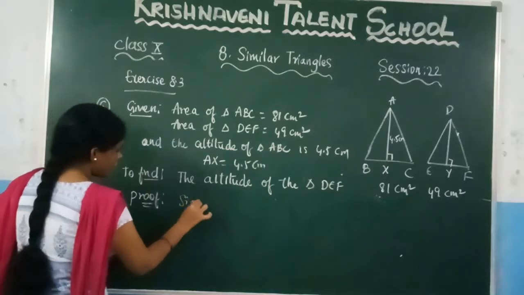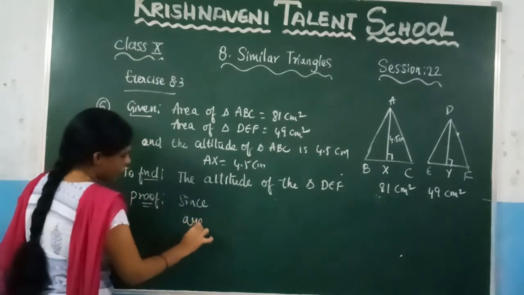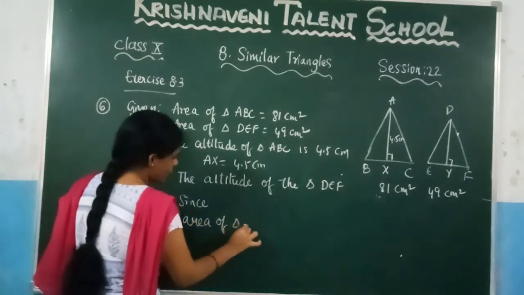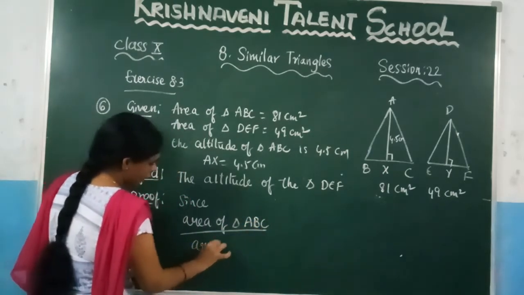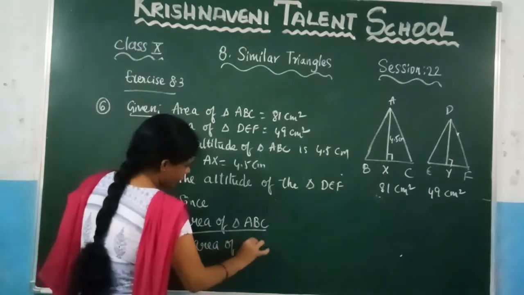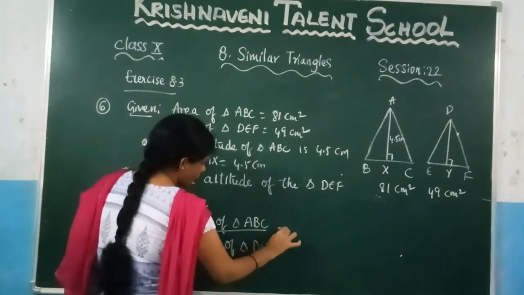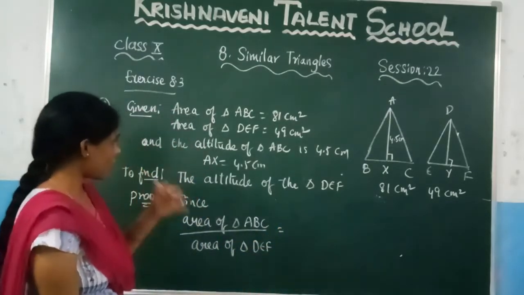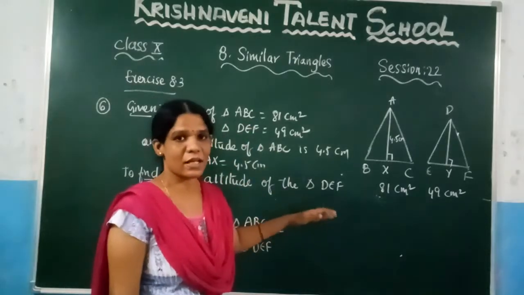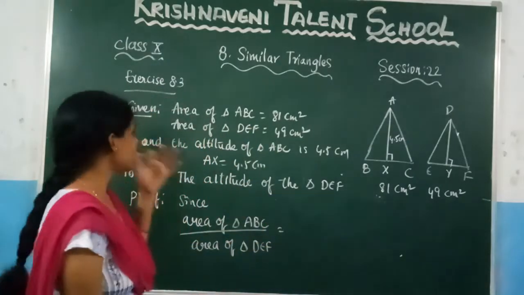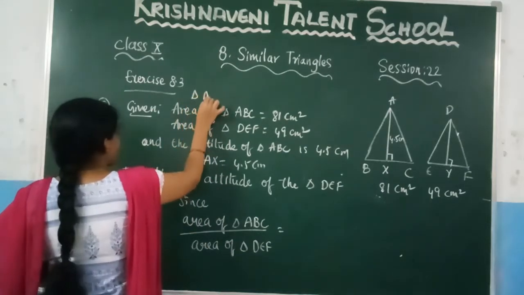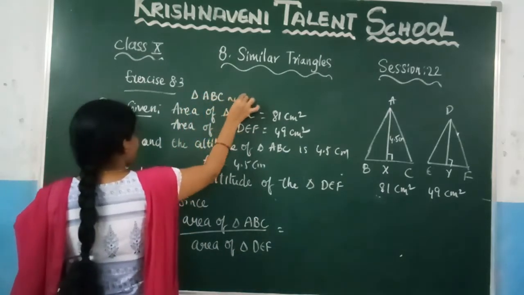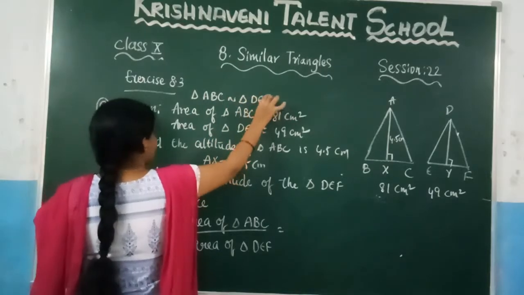So you can write here, area of triangle ABC by area of triangle DEF, because in the question itself they have given that these two triangles are similar. I forgot to write it, so I will write it here. Given: triangle ABC is similar to triangle DEF.